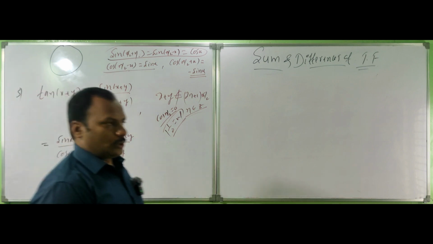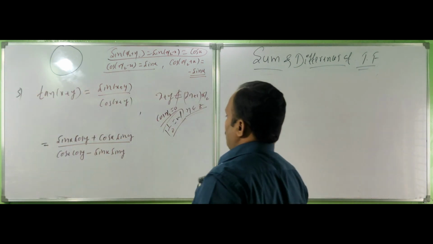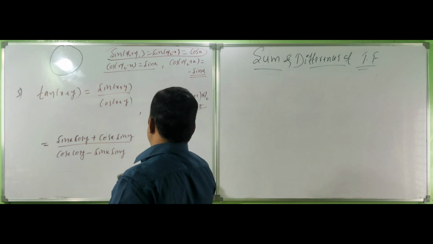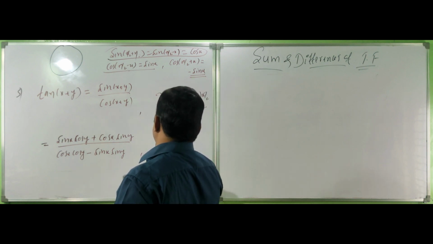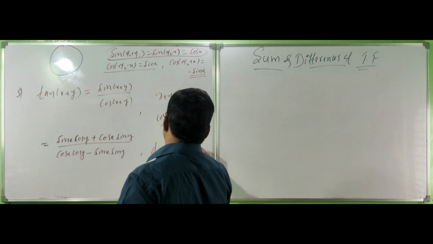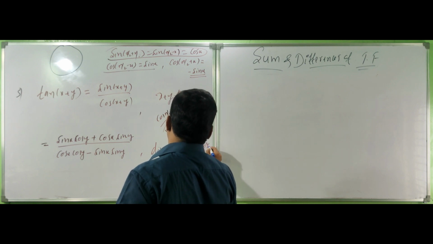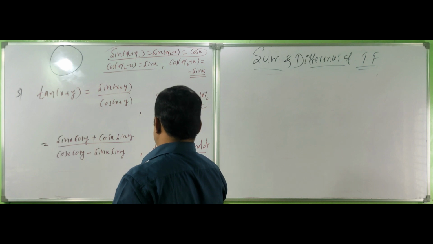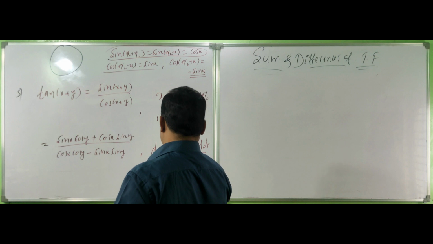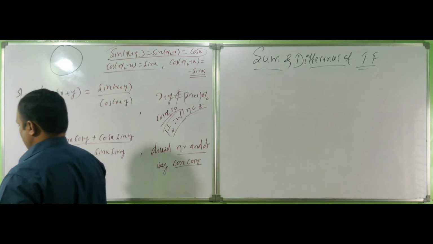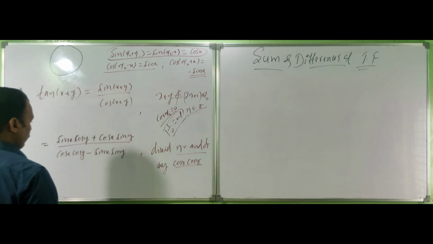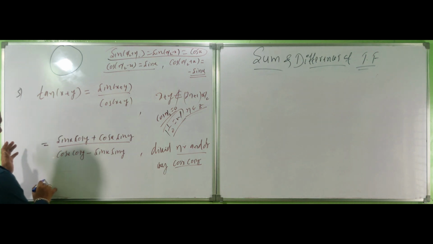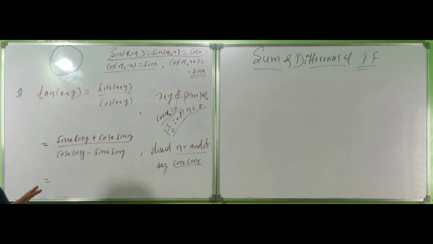To get the tangent form, here I will divide the numerator and denominator by cos x cos y.